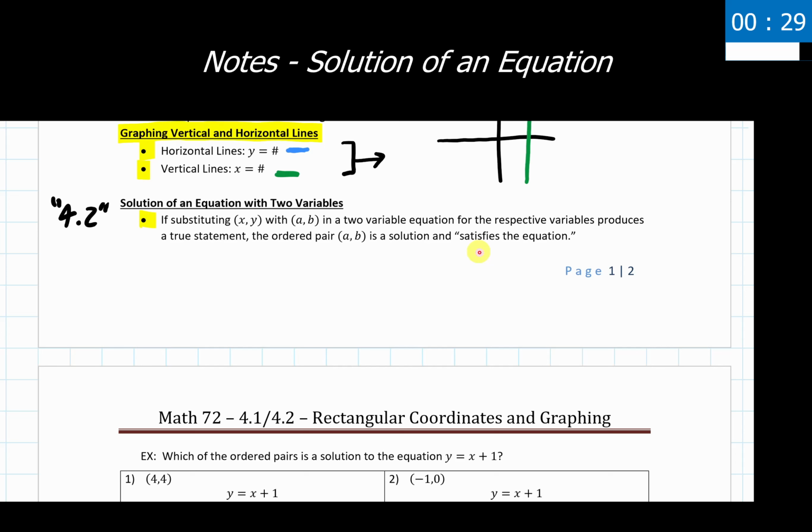So all we're doing is plugging some numbers into an equation, simplifying each side down, and seeing what we get. Our example is that we're being asked which of the ordered pairs is a solution to the equation y equals x plus 2. We've been given the point (4, 4) and the point (-1, 0). Let's see what that looks like and how we solve that in practice.